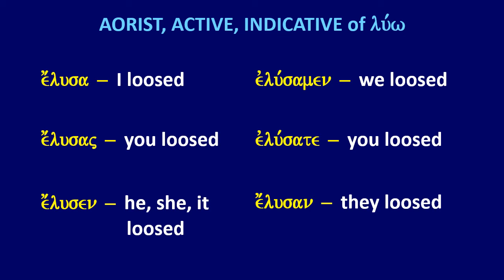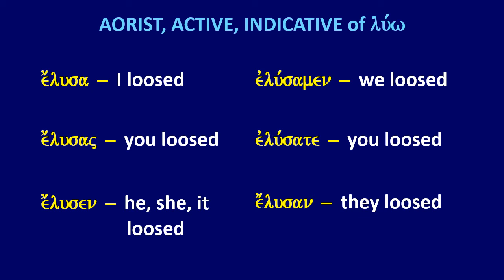And moving now to the plural, we see plural first person, we loosed, is elusamen, and it looks very similar to the form that we studied for the present active indicative, lu amen, except it's elusamen.